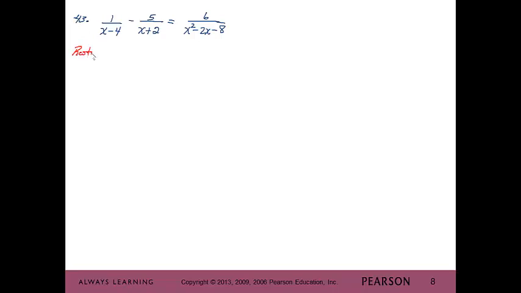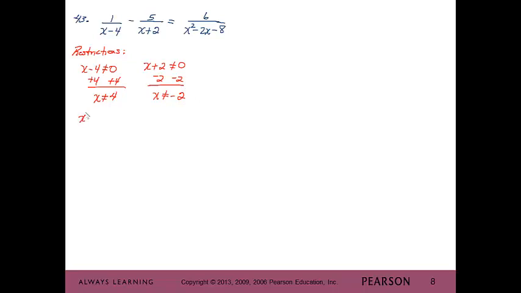So set each one of your denominators not equal to 0. So x minus 4 cannot equal 0. Add 4 on both sides, and we're going to say x cannot equal 4. And then x plus 2 cannot equal 0. Subtract 2 on both sides, and we're going to say x cannot equal negative 2.